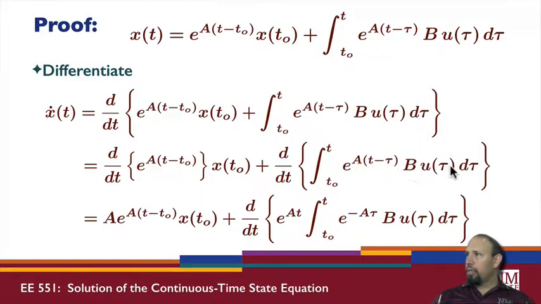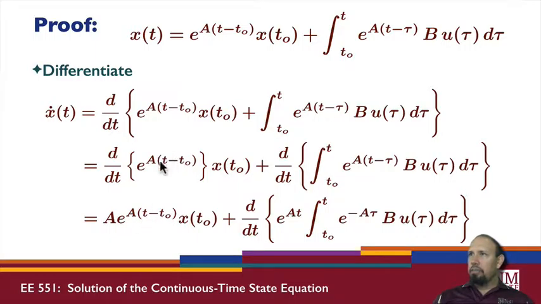And in this expression, I notice I can take the e to the at outside, and I've already actually worked with this quantity. Okay, I took the derivative of this quantity in that lemma that I showed. Okay, the derivative of this with respect to time is a e to the a times t minus t naught.